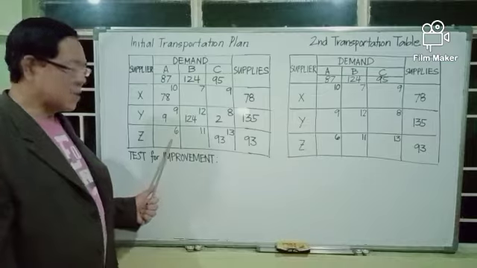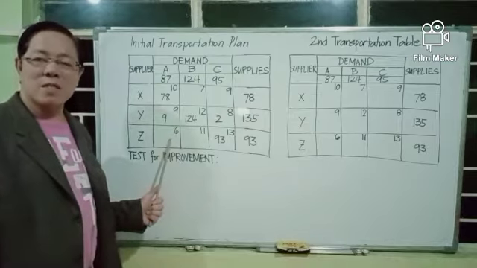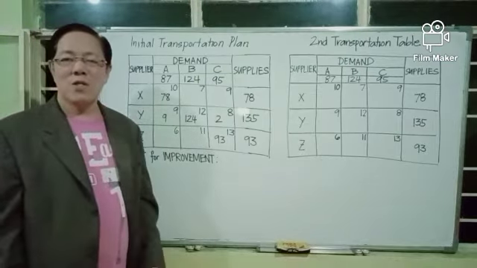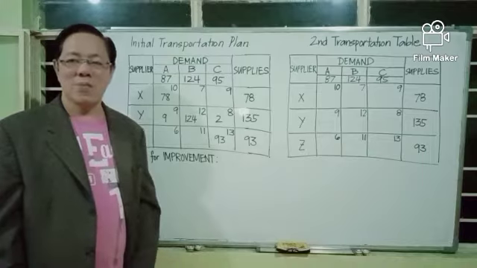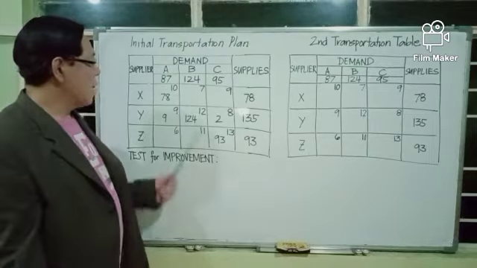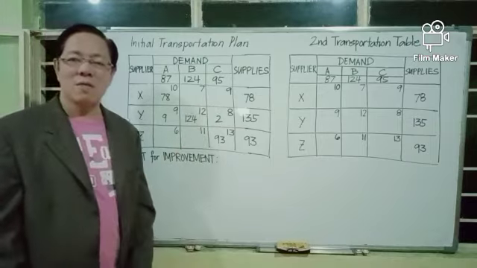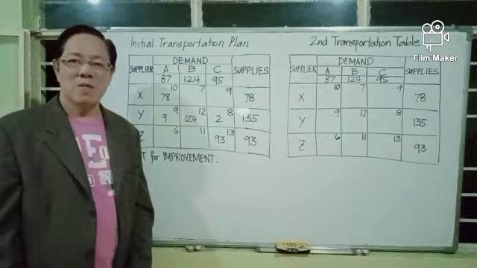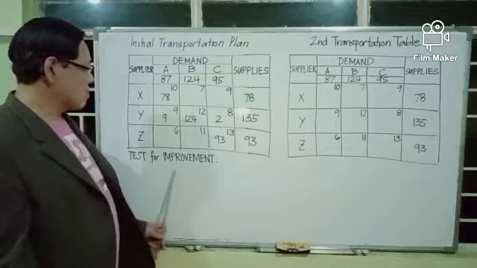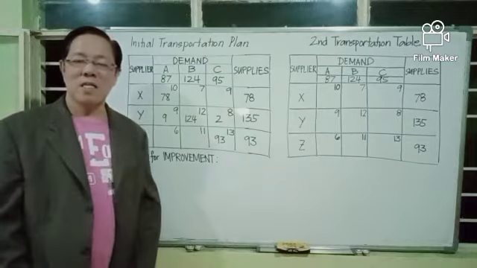If we place some units in this cell, we would surely obtain a lower transportation cost. But we will determine in which of these 4 vacant cells we should transfer, and we do that by doing the test for improvement.